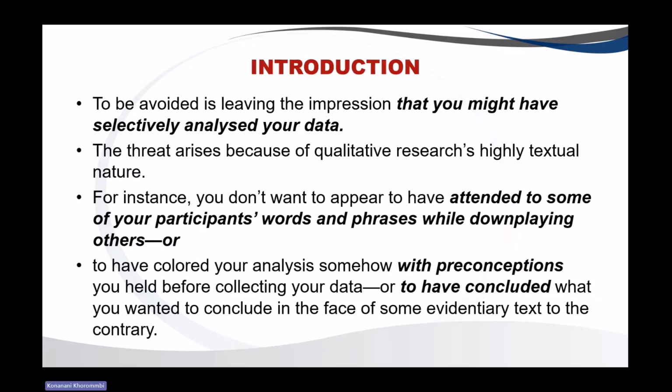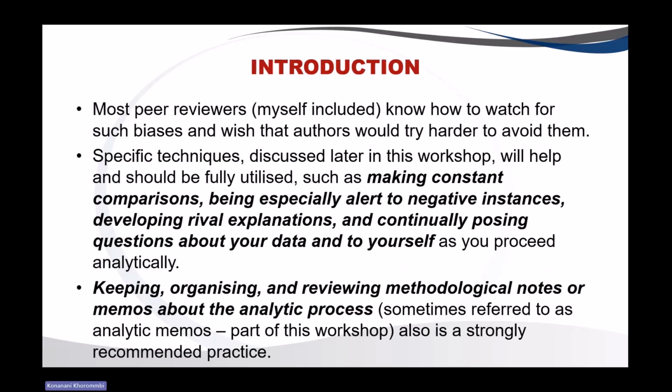Most peer reviewers know how to watch for such biases and wish that authors would try harder to avoid them. And I can also see that a person will only defend the direction that he wants, and when there are other contradicting statements that point to a different direction, those are downplayed even if they are there.